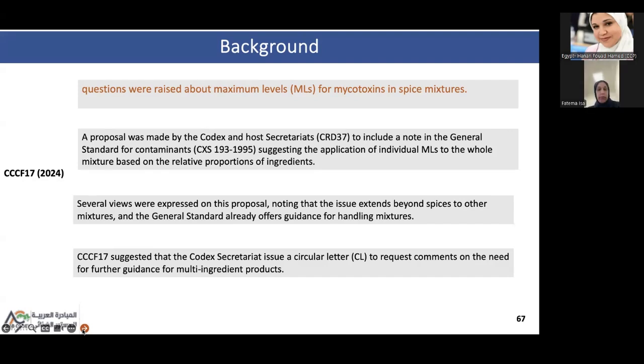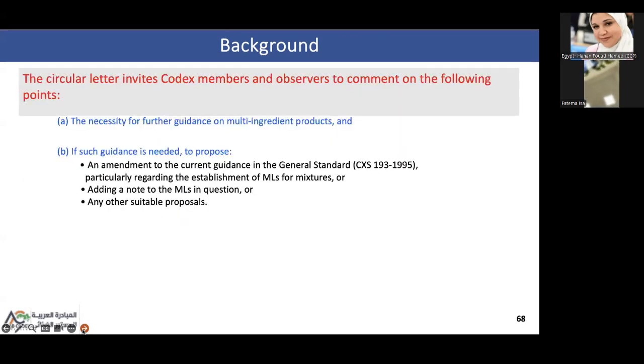CCF17 suggested that the Codex Secretariat issue a CL letter to request comments on the need for further guidance for multi-ingredient products. Already in the previous meeting, it was requested to issue the CL letter, and members and observers needed to comment on the following points.